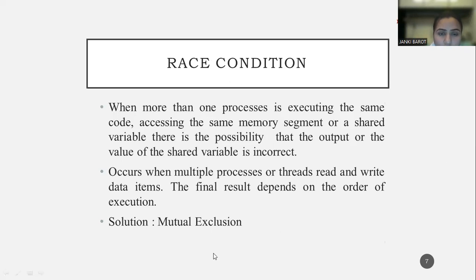When more than one process is executing the same code, accessing the same memory segment or a shared variable, there is a possibility that the output or the value of the shared variable is incorrect, which means it occurs when multiple processes or threads read and write data items.